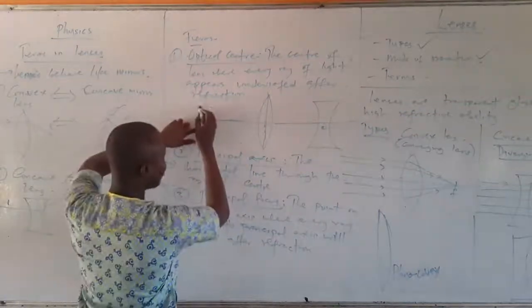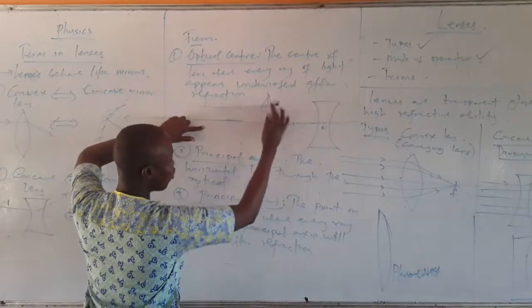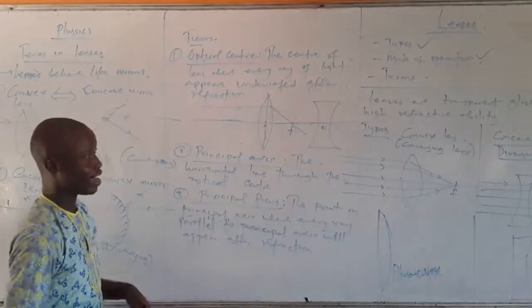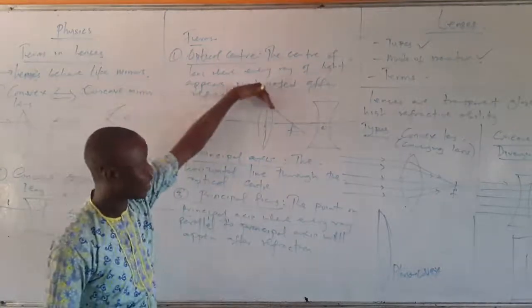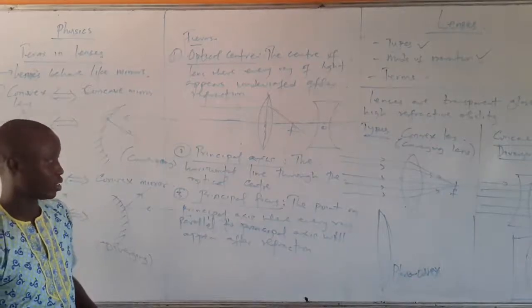If you have a ray of light parallel to the principal axis, it will pass through the principal focus after refraction.